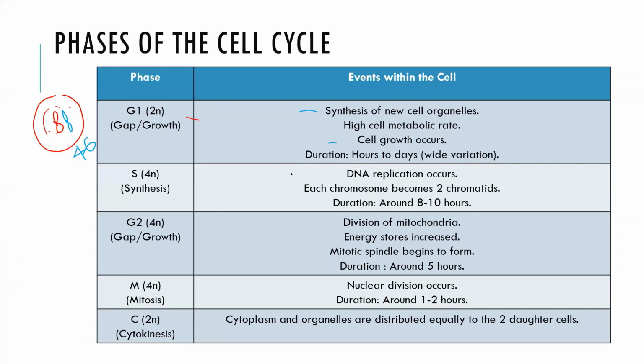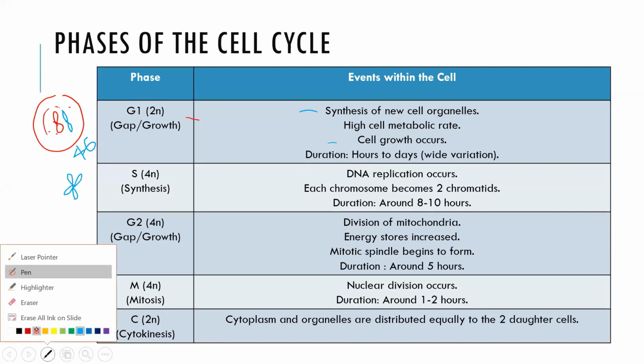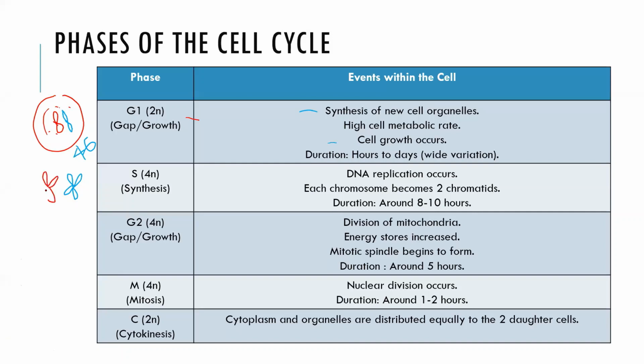Then during S phase, DNA replicates, so it forms chromosomes with sister chromatids like this. So then in the growth 2 phase, you have division of mitochondria, and it prepares for mitosis by forming the mitotic spindles.